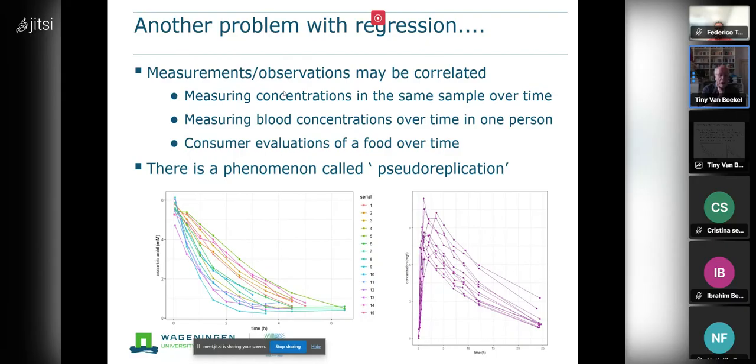You think you might have 6 measurements, but you only have one because you use one apple. So you really have to be very careful with this kind of experiments and be aware of this kind of problems that you might have, because the result is that your assumptions for regression are no longer correct. And therefore, your results may be biased. And that's, of course, not what we want.